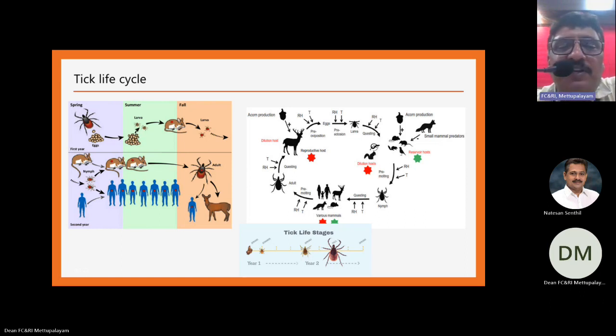Now quite interestingly, look at the right side. The first bite can be taken from a variety of animals. It can take it from birds, it can take it from rats, it can take it from deer. Any animal it can actually bite. But the trick is, some of these animals are very poor transmitters of the bacteria.